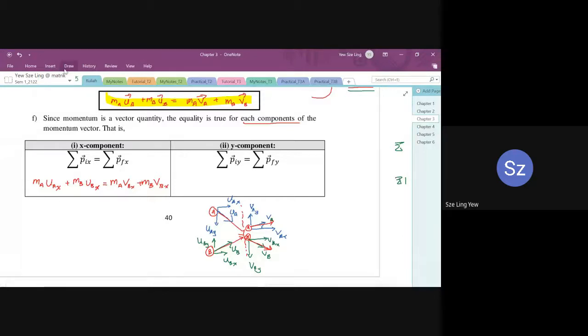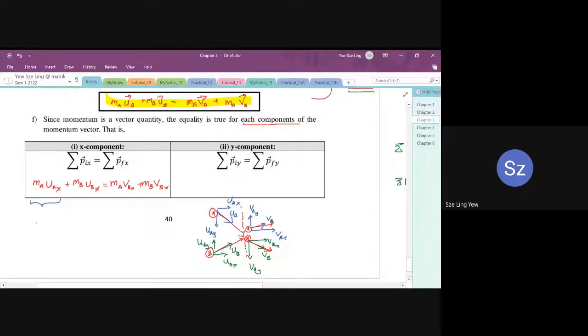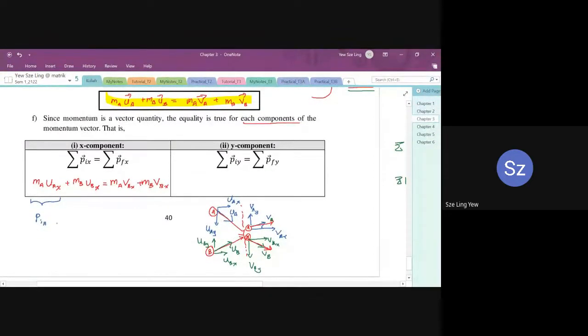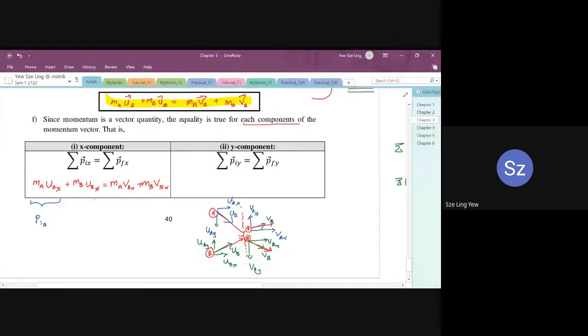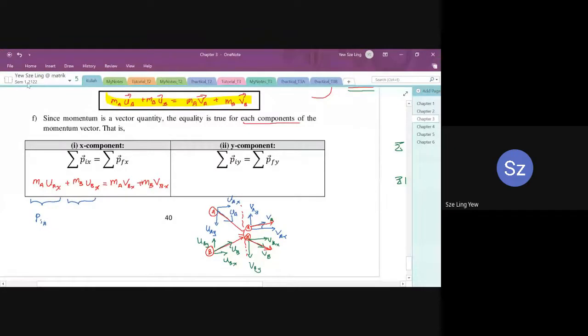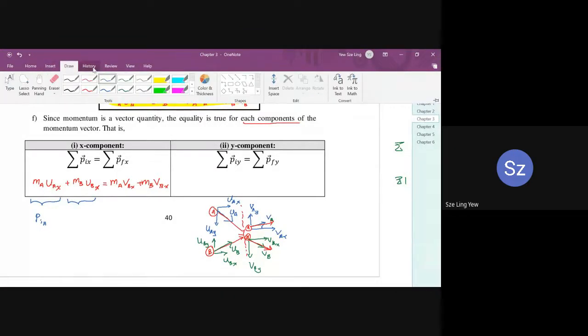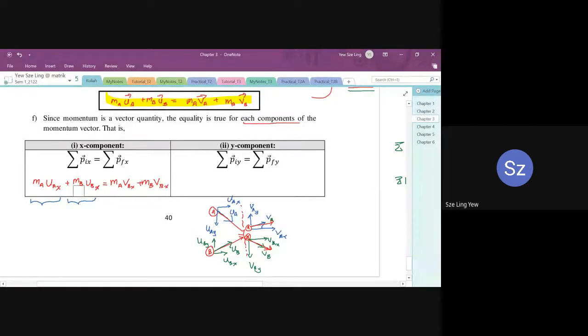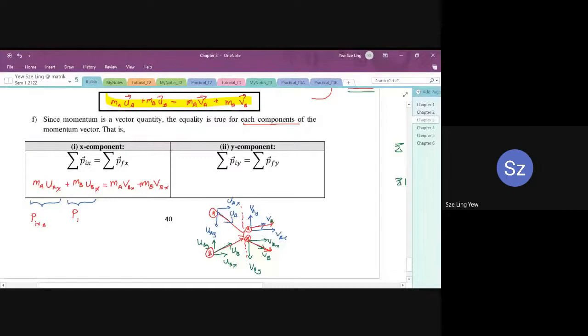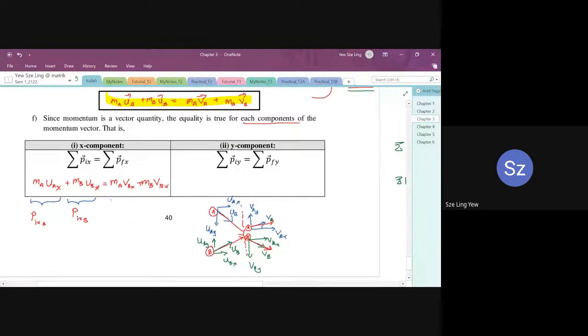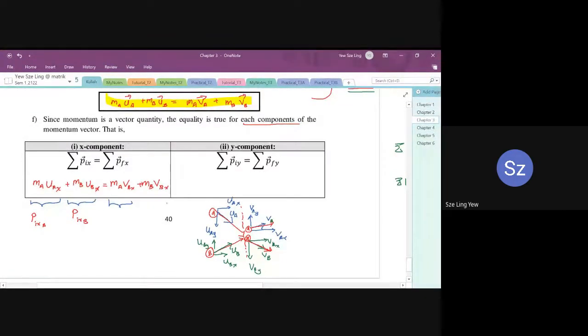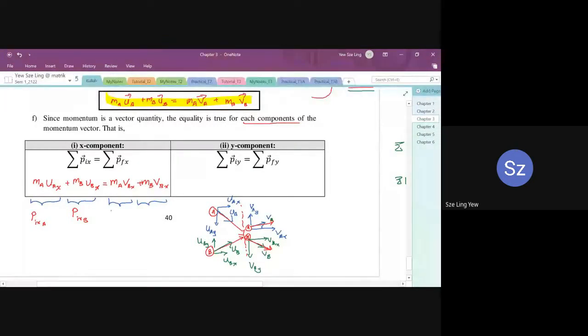So if you look at this equation, this part represents P initial, the X component, for object A. This is PIX for object A, and this is PIX for object B. Then this is the final, just for the X component, so we are not looking at the Y component.